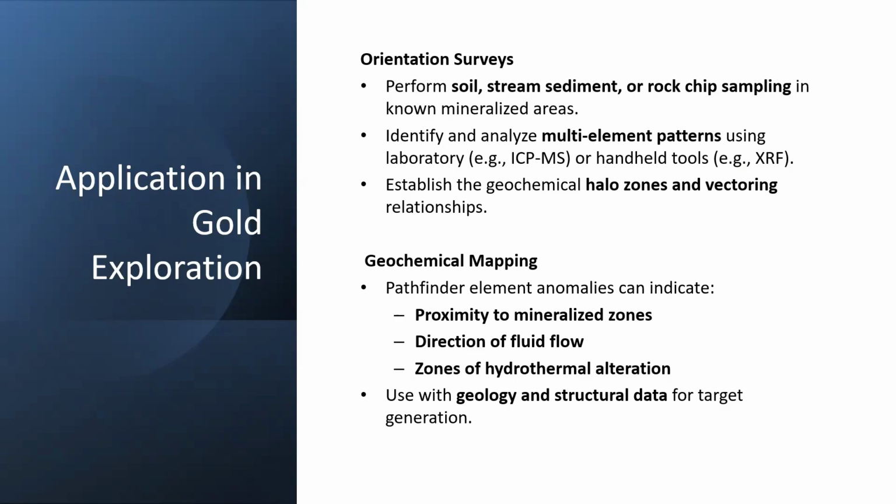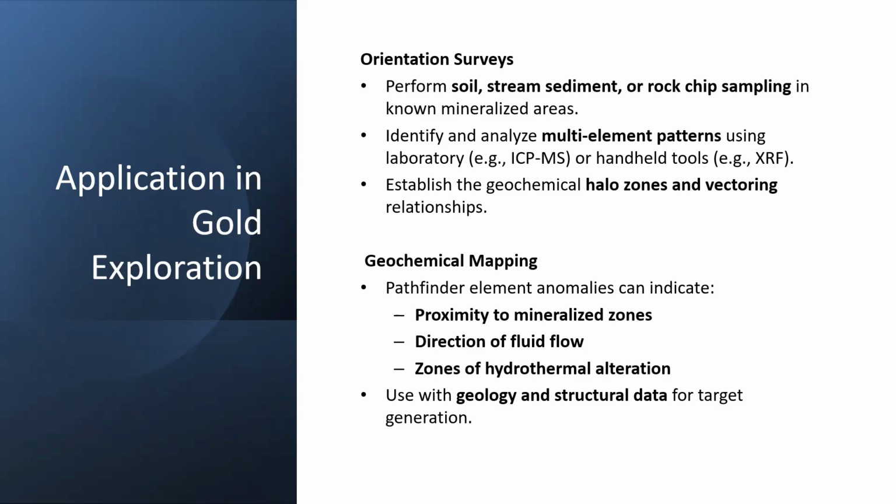Definitely, you can do some stream sediment or rock chip sampling, and then do multi-element grading, after you might have tested using XRF or ICP-MS. These are cheaper tools you can use before going to fire assay, because you don't start with fire assay the first time.